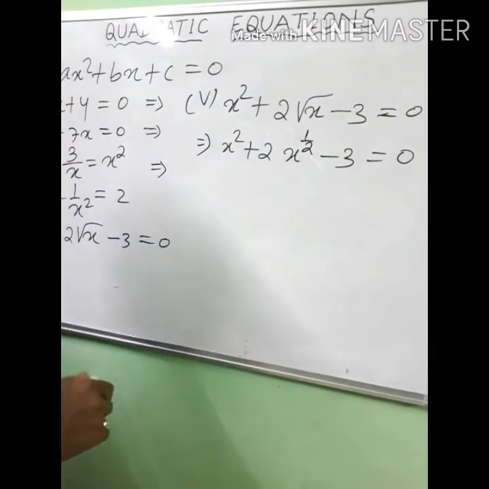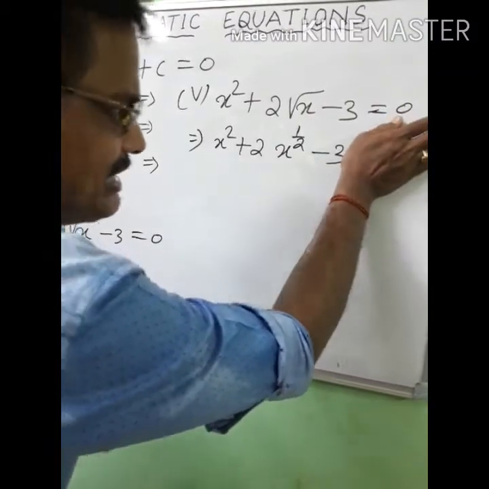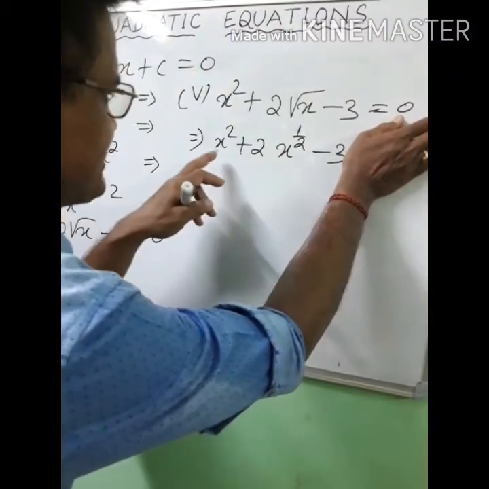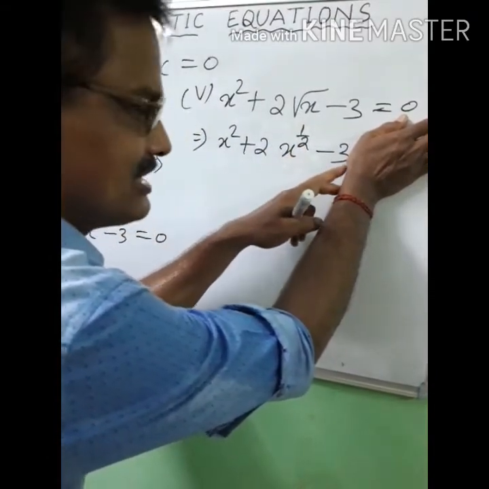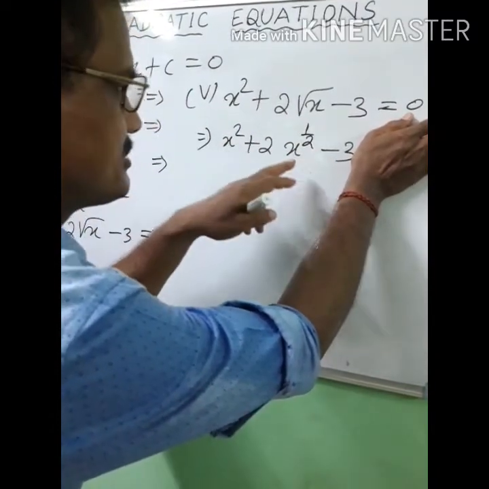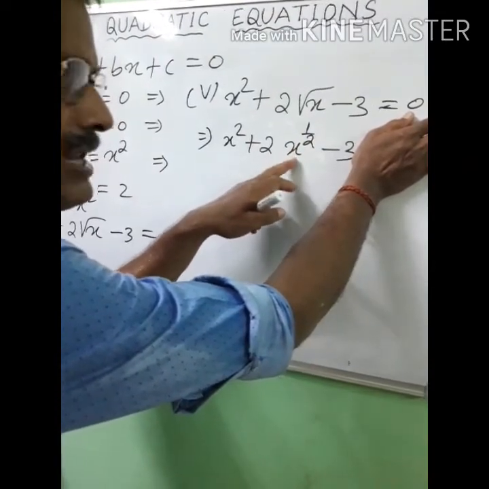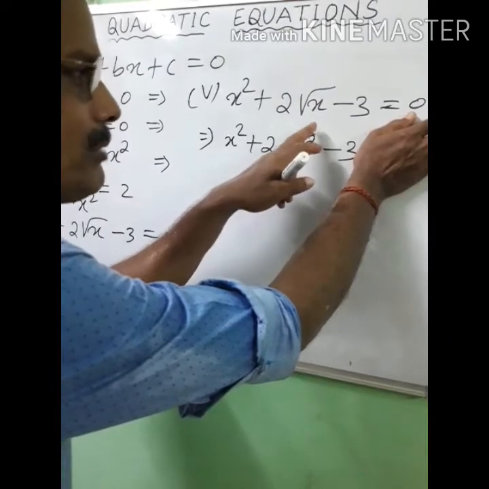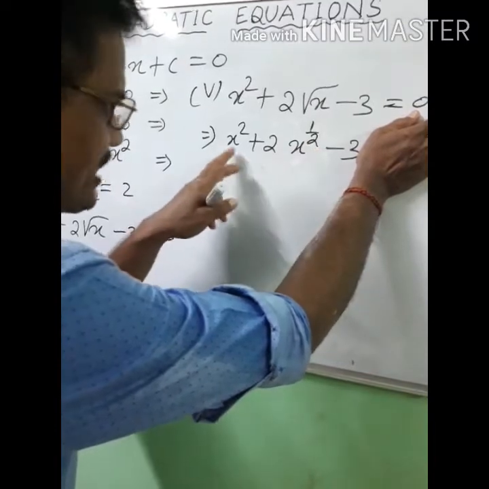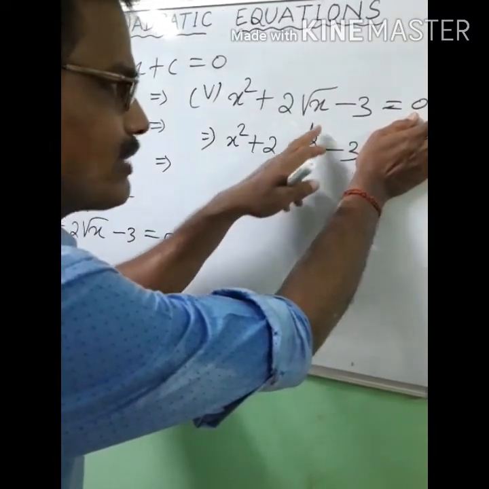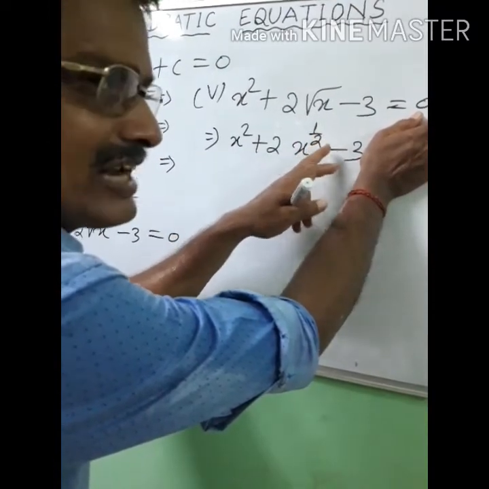Now this is not a quadratic equation, because why? The expression x square plus 2x to the power 1 by 2 minus 3 is not a polynomial, because the exponent of this variable is 1 by 2, which is not a whole number.